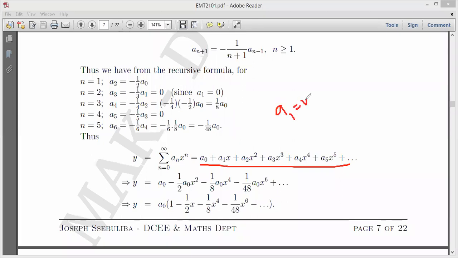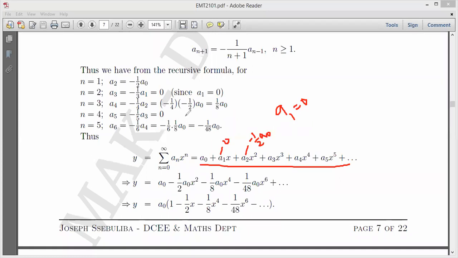A1 was 0. So it means when you're substituting, this A1 will be 0. A0 remains as A0. A2, this is where we had our A2. A2 is minus a half A0. So where you have A2, you'll substitute minus a half A0.